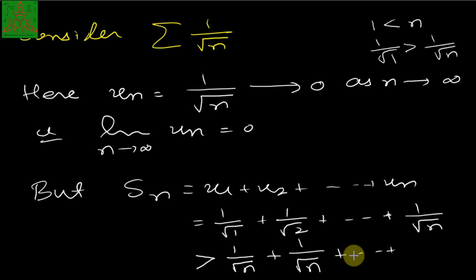In the same way I can do this for each and every term by applying this property, and the last term I write as it is. So 1 upon square root of n is coming n times because there are n terms.